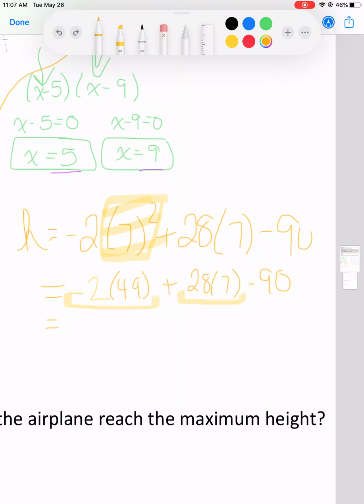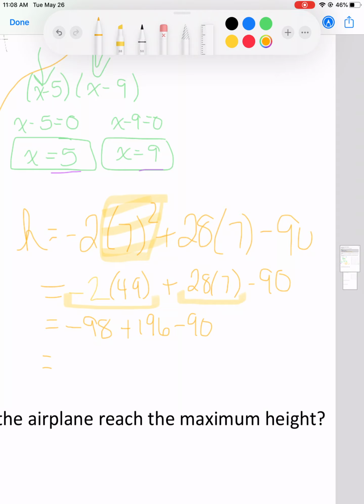Negative 2 times 49 is negative 98. 28 times 7 is 196, minus 90.